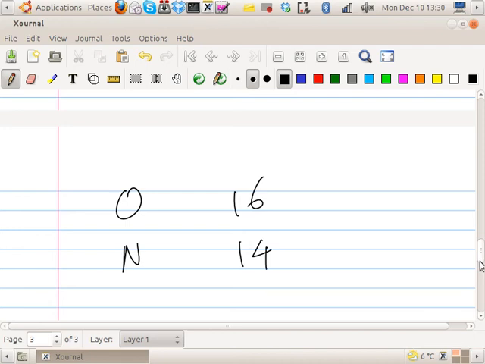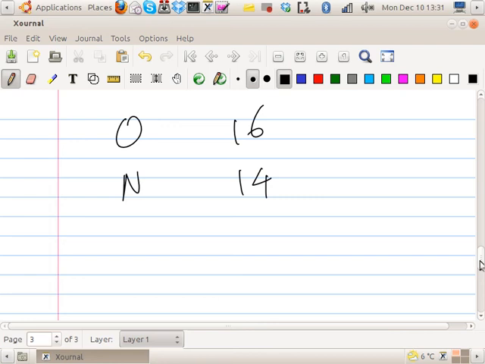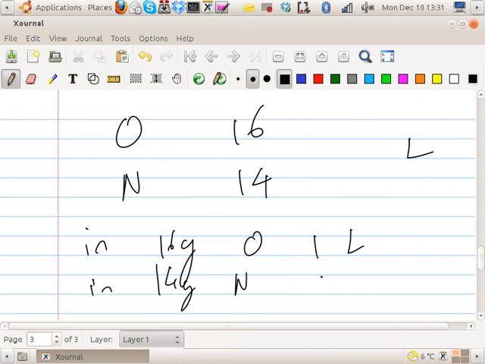Now, do you remember how this works? When we're using the L, remember? You say in 16 grams of oxygen there are L atoms, and then in 14 grams of nitrogen there is 1 L also.